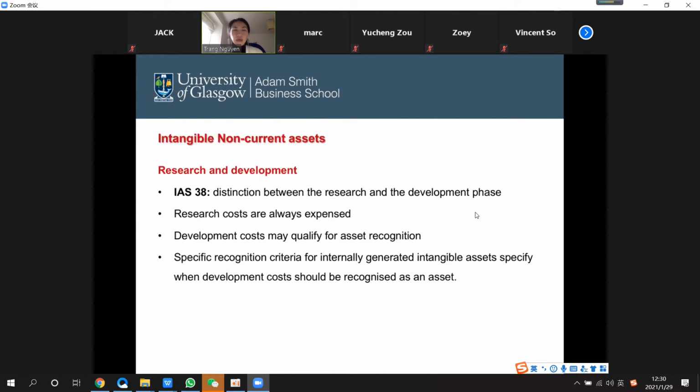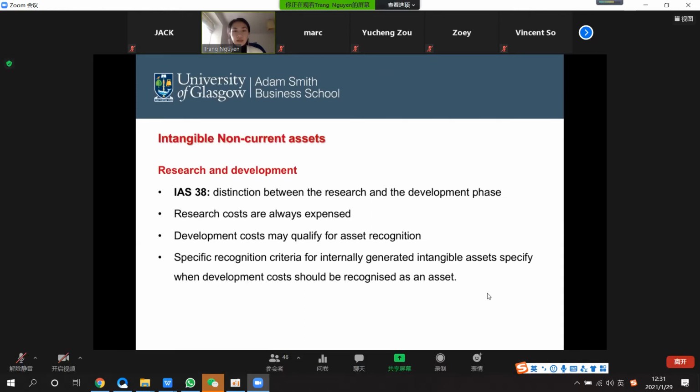Research is just the exploratory step, and when they're successful and say, finally we found a certain drug, now we move to the treatment stage. When you develop that, they record it.